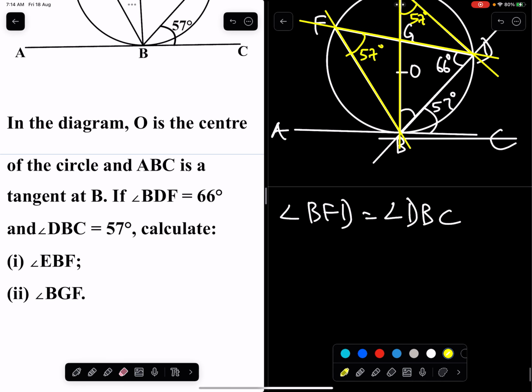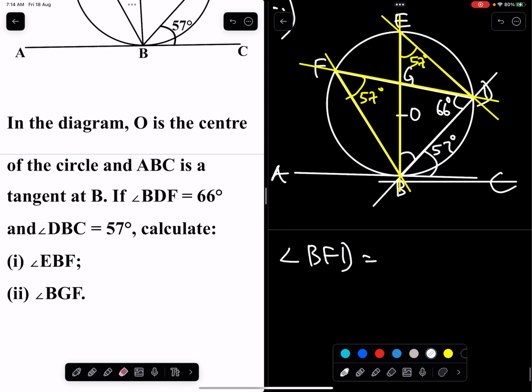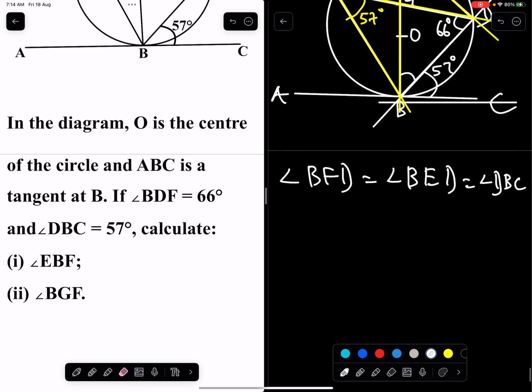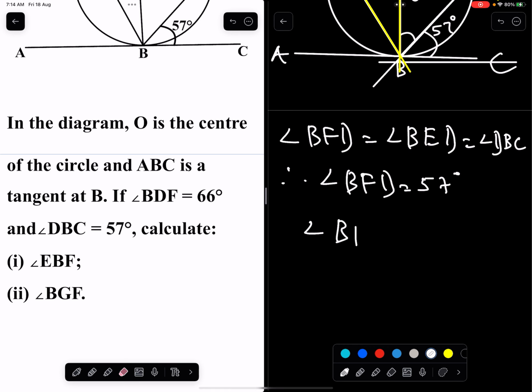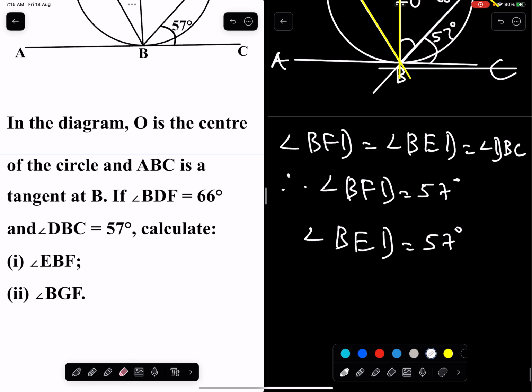So I can just simply write angle BFD is the same as angle BED, which is the same as angle DBC. And the reason for that is angle between the chord and the tangent equals angle in the alternate segment. So that therefore means angle BFD equals 57 degrees and angle BED also equals 57 degrees.